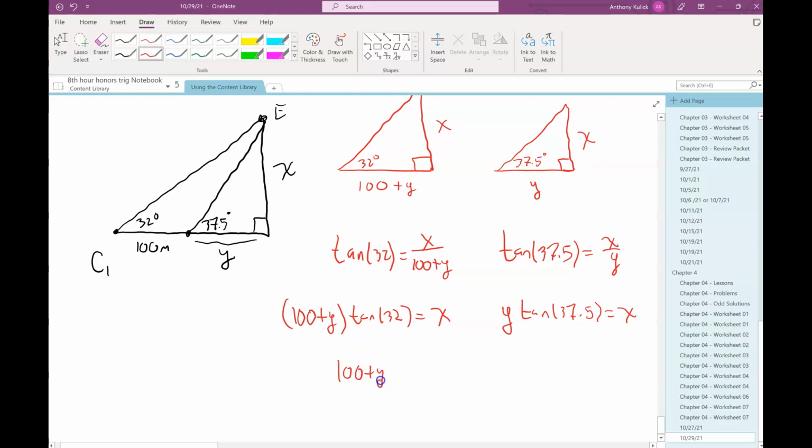Since both of these two equations are equal to x, I can just set them equal to each other. So far, so good. We'll distribute through that tan 32.